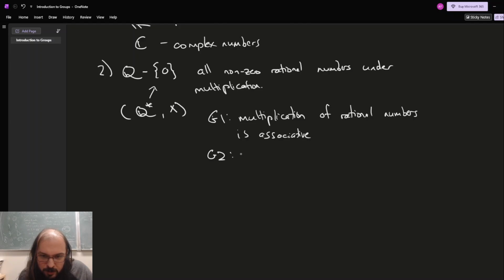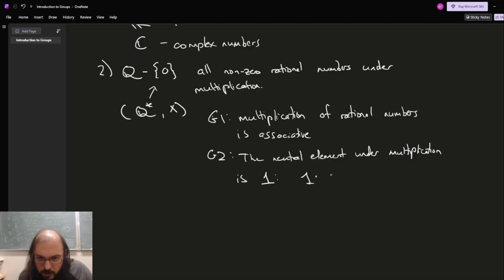For the neutral element, it's just 1. 1 times any rational number, same as timesing by 1, gets you right back what you started with.